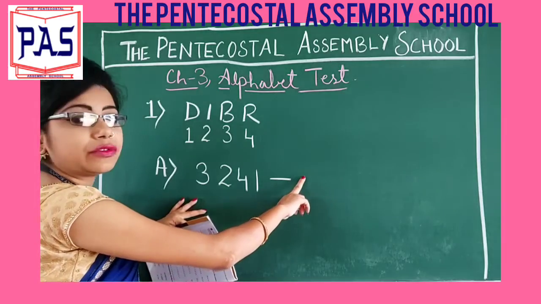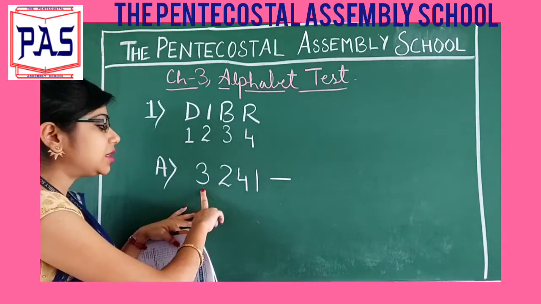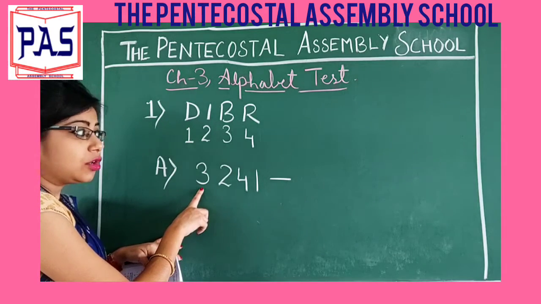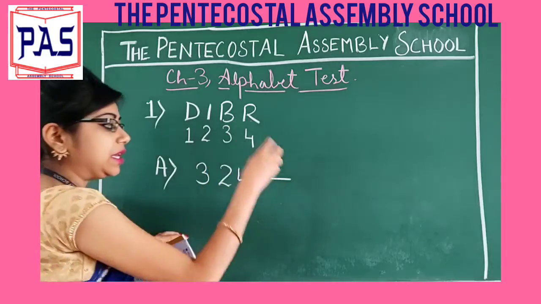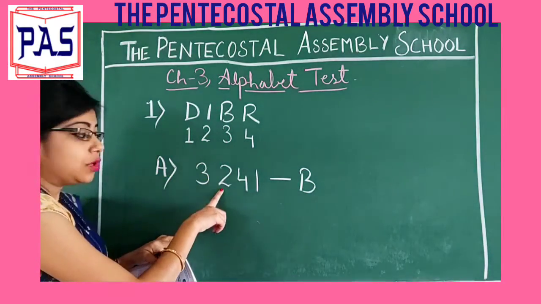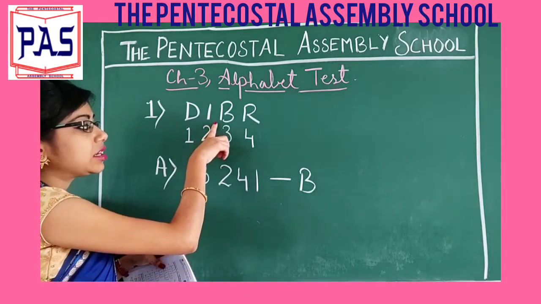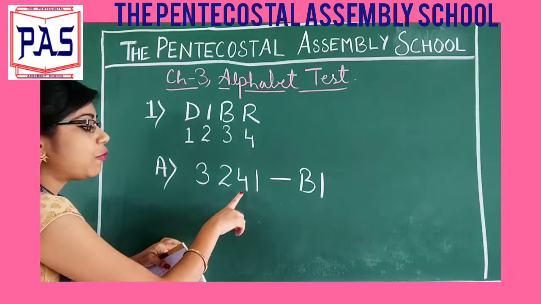So the first letter which will come here as per the question is, the number is 3. So which letter will come? 3 stands for B. So B will come here. Letter 2 indicates the letter I. I will come here.